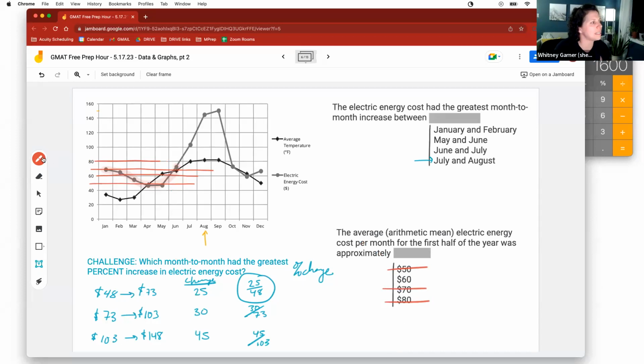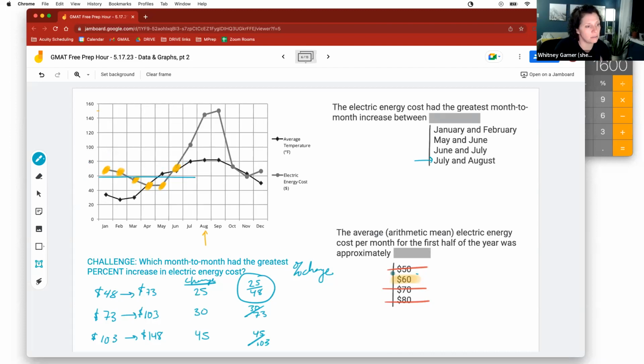And so, again, I don't want to have to actually calculate. I want to eyeball. The only average that would make sense here, if we're looking at just this set of dots, these 6 dots that align at 60, puts half of them above and half of them below, balancing each other out.